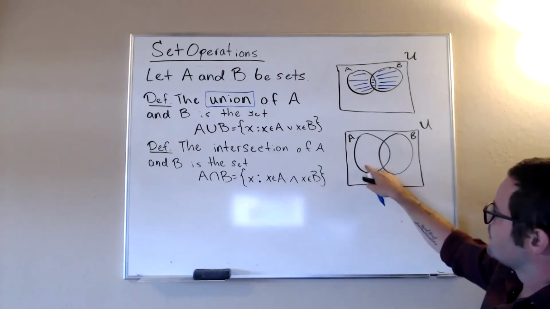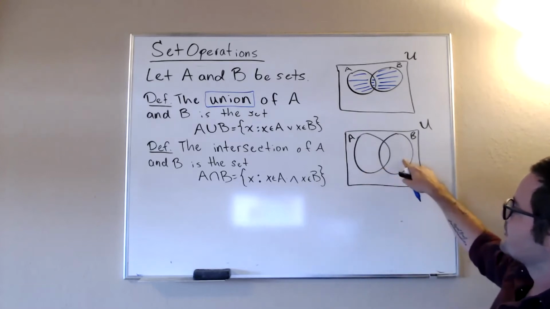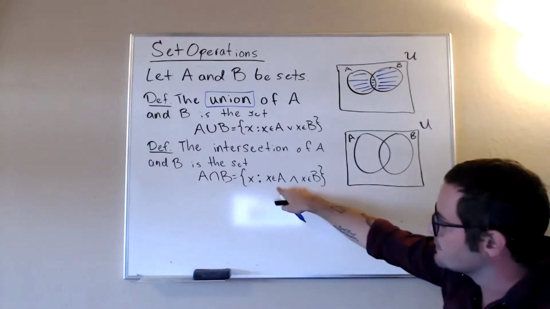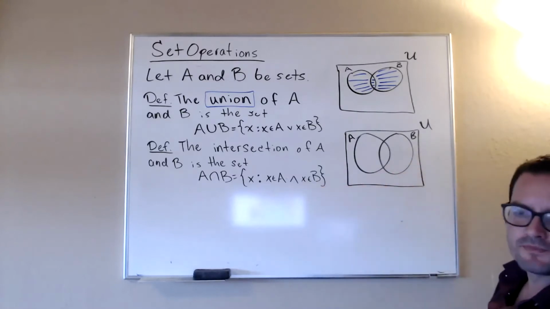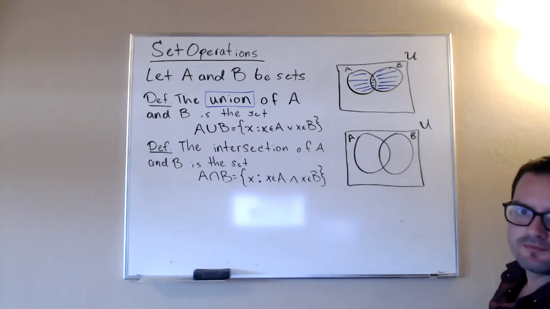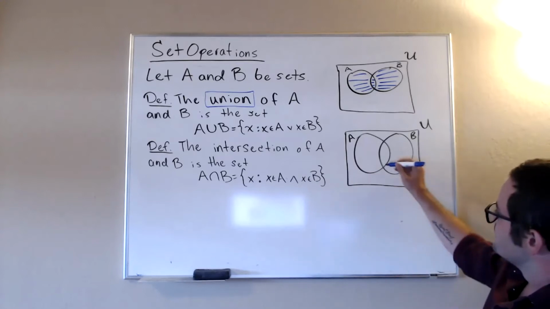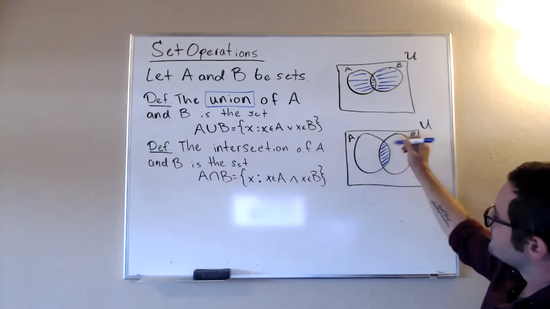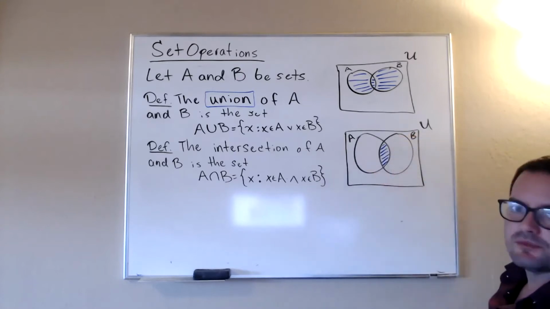So that would not belong to the intersection. The same thing if I picked something right here, right? It would be true for B, but not in A, so this would be false. The only elements that will make this true are the elements that are common to both of the sets. So everything here, because anything inside there belongs to both A and B.